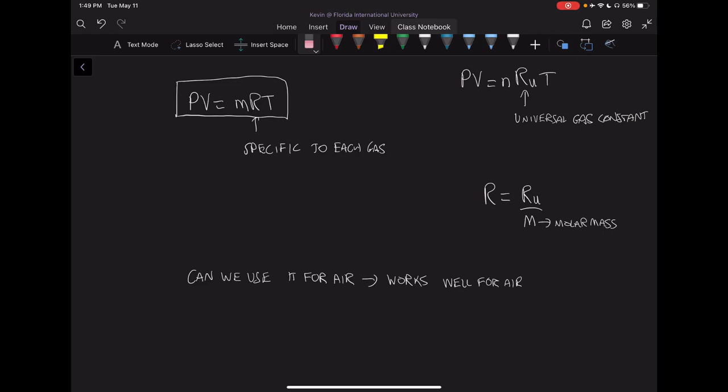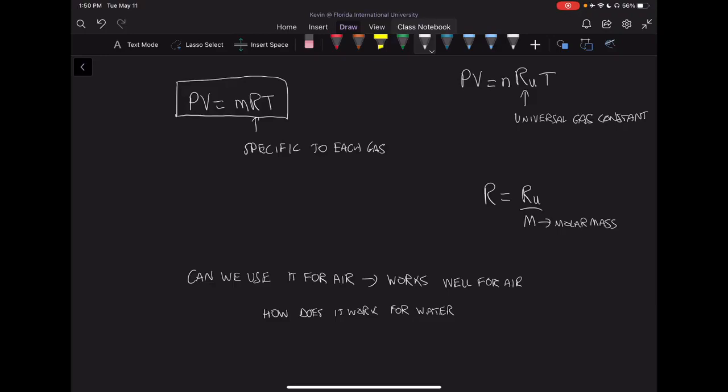Now, how does it work for water? Can you use it for water? For water, it is actually a little bit more challenging to use because water is not just a gas.